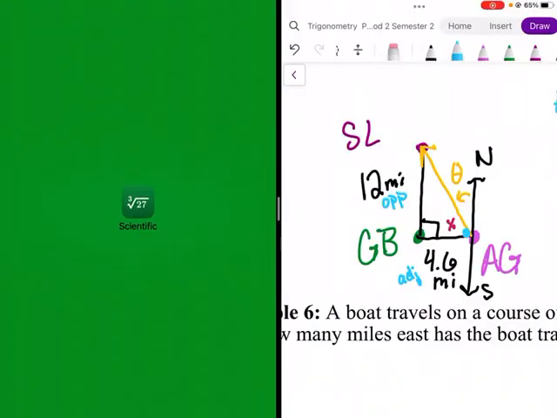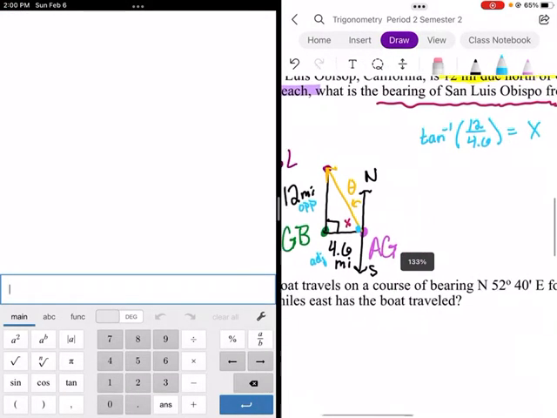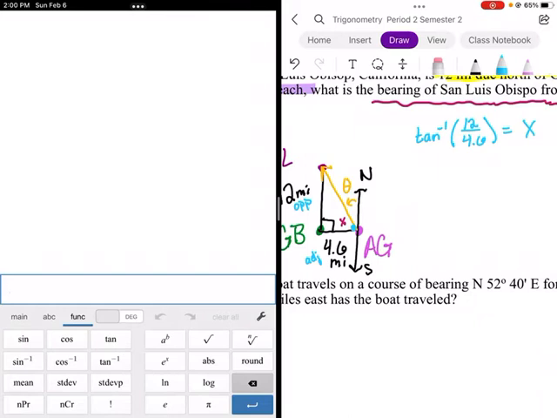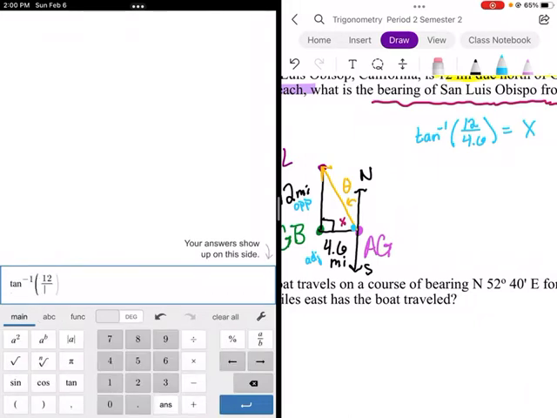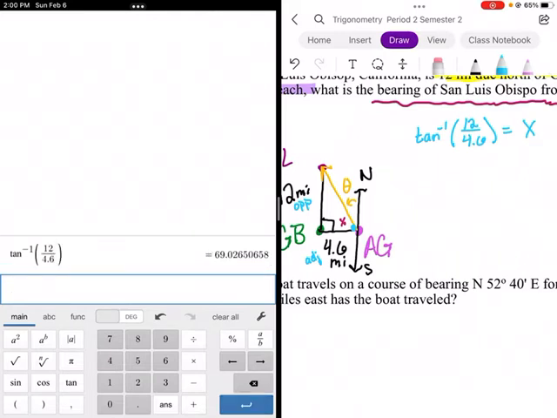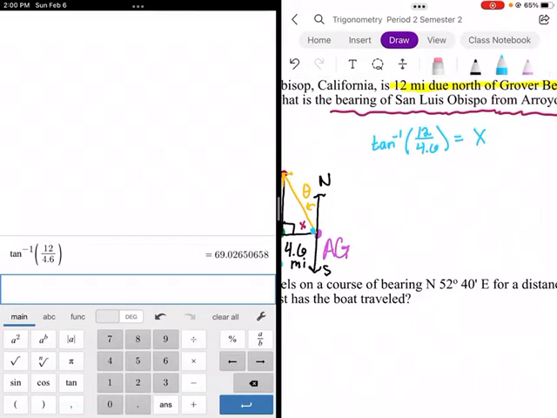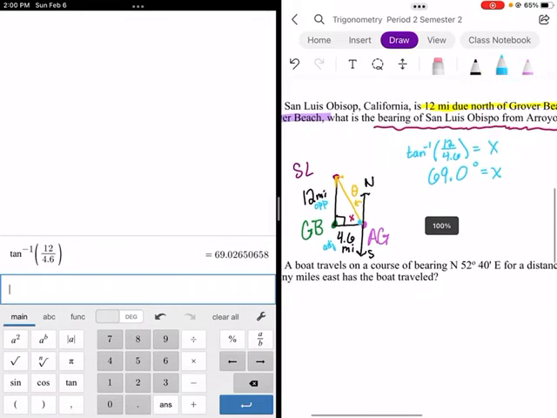I'm going to type that into my calculator: 12 divided by 4.6, and we get about 69.0, and that is what is equal to x.